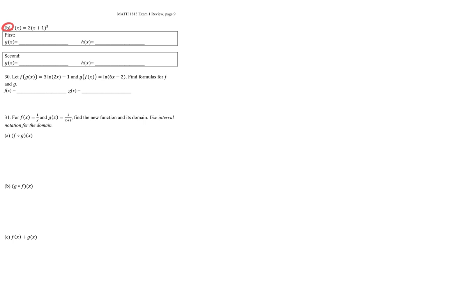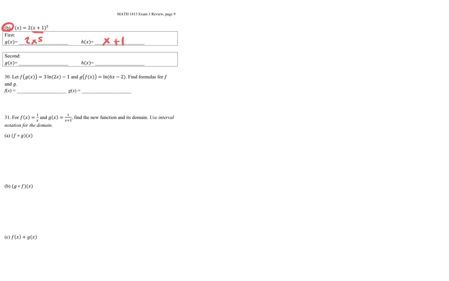Because we can see this x plus 1 is all to the 5th power, it almost looks like we could say this is 2x to the 5th, where we plug in x plus 1. So again, you look for parts that can be pulled out and then re-plugged in to get to your f of x.